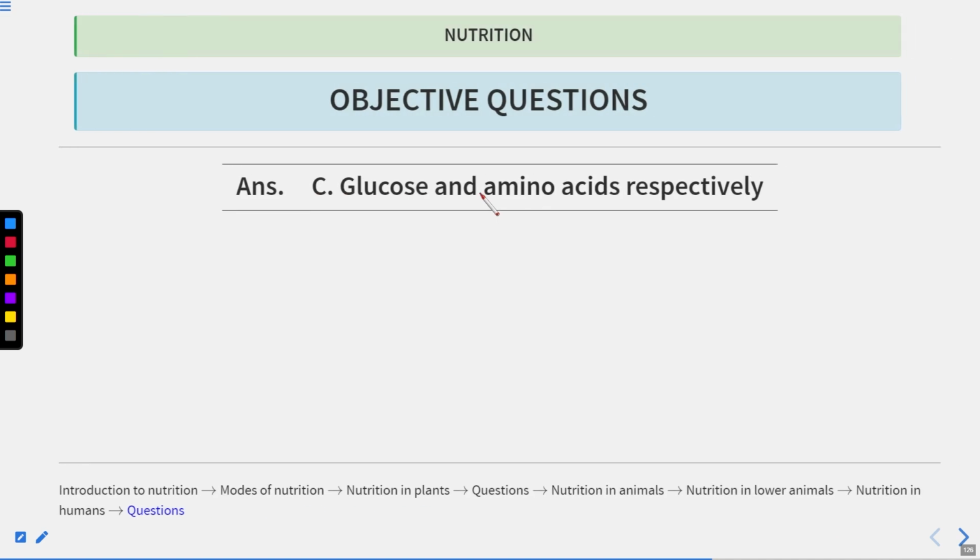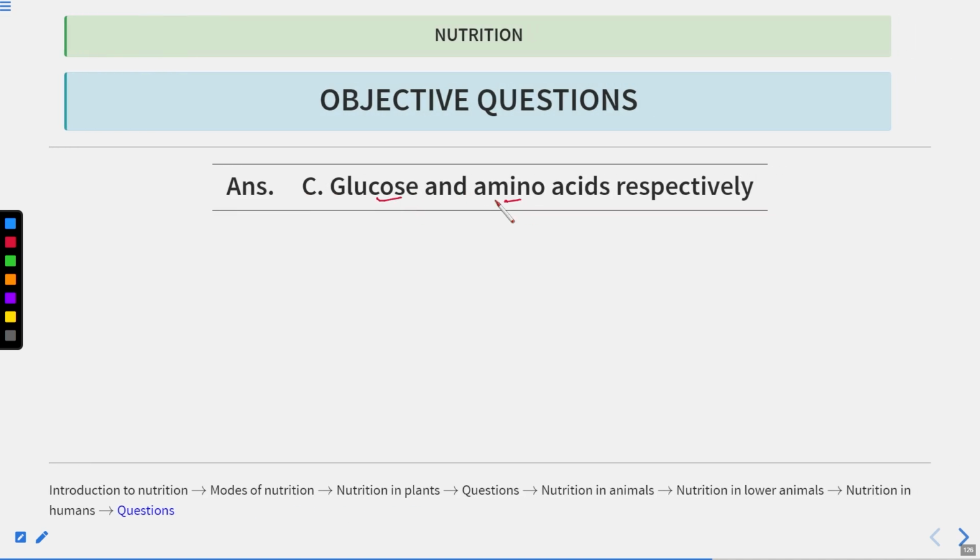So let's have a look at the answer here. The answer is glucose and amino acids. Carbohydrates are broken down into the simpler form known as glucose, and proteins are broken down into the simpler form known as amino acids.